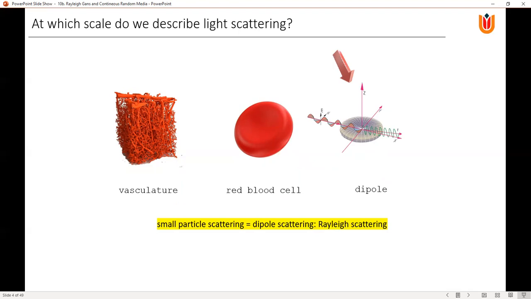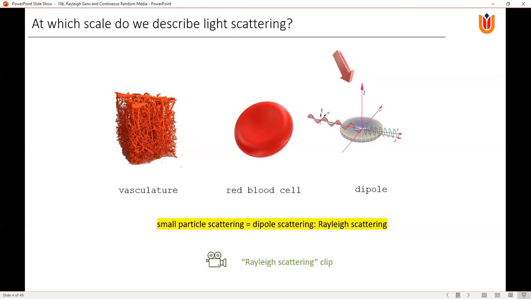So at a smaller scale, what we discussed already a couple of weeks ago, is Rayleigh scattering by dipoles. If you calculate the scattering by a dipole, that would give you basically the same result as what Rayleigh derived for small molecules in the air. So that's pretty well worked out.